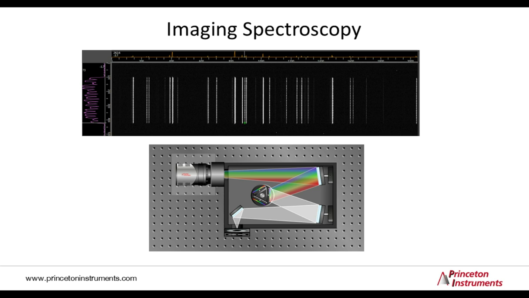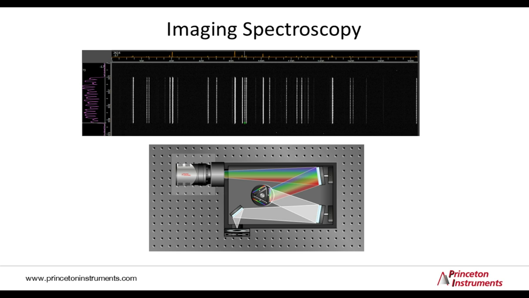In this case, there's an image illuminated with a mercury lamp, and the light passes through the spectrograph and is split into its spectral components. What is seen on the detector now is basically a convolution between the spectral content of the signal and the input image. So in this case, with a real image, we see versions of that image at each of the spectral lines of mercury.